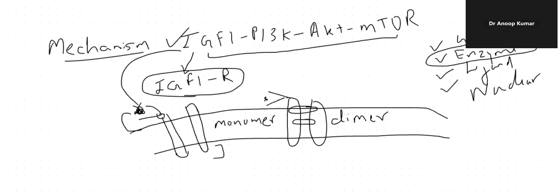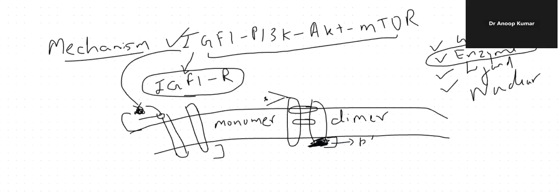So when it's activated, now in the intracellular domain, inside the cells, because receptors are made up of proteins and proteins are made up of amino acids, it results in the phosphorylation of tyrosine residues here. Phosphorylation of that will happen, right?